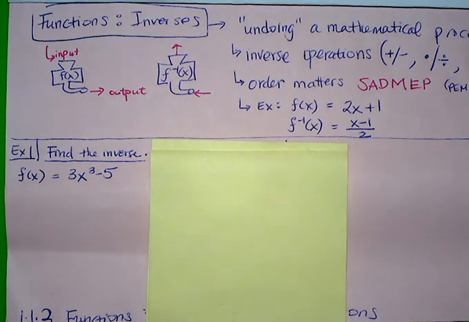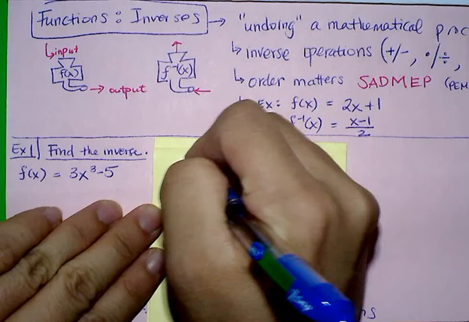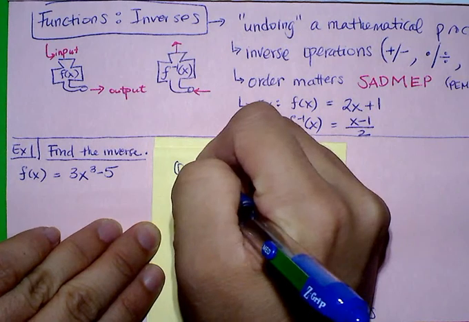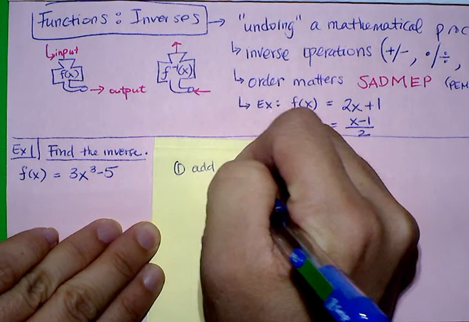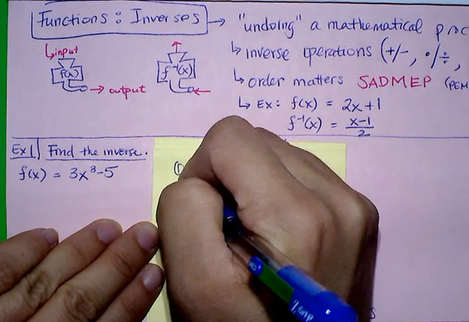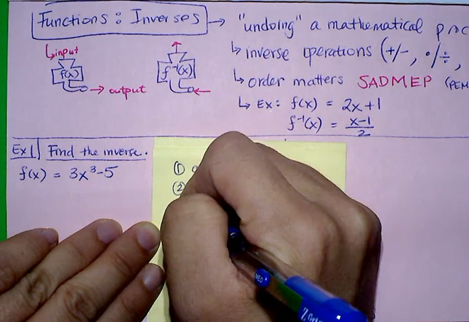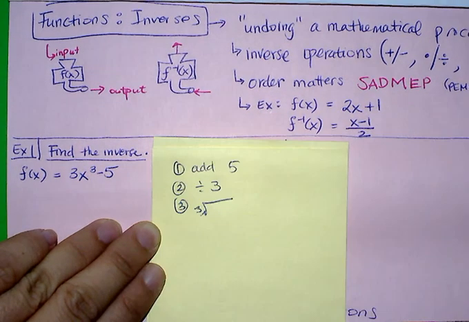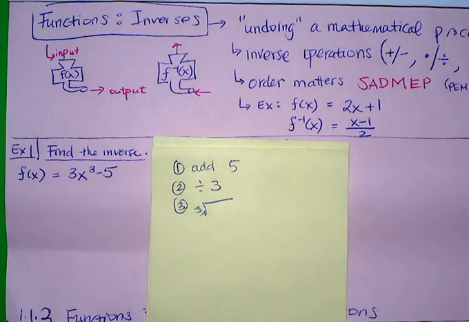So if I'm going to go backwards, I should add 5, then divide by 3, and then take the cube root, not the square root. So our intuition tells us, don't write this down, that we should add 5, then divide by 3, then cube root. That's our intuition. Can you tell me algebraically what that would look like?